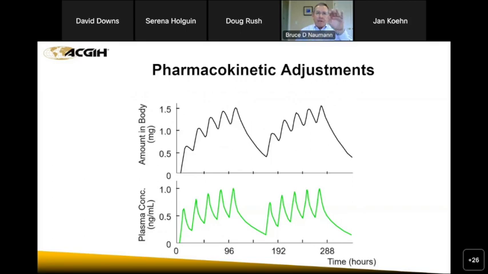So if you look at the peak and the trough there, that ratio is the S. So you would divide by that much in that equation to account for the potential accumulation during the work week. If you're setting the limit based on a chronic study, then you've already reached steady state. It flattens off. So you would know the NOEL or the LOEL that you got, you could just use that directly. You wouldn't have to do the adjustment.